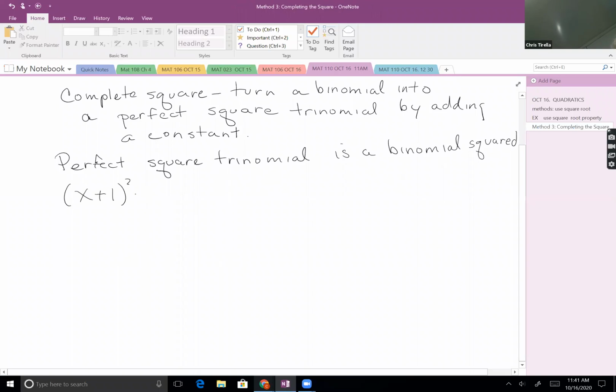If I take x plus 1 and square it, off on scrap paper land, I'm going to take x plus 1 and multiply it by x plus 1. And either boxing or distributing, I'll get x squared plus 1x plus 1x plus 1, or x squared plus 2x plus 1.